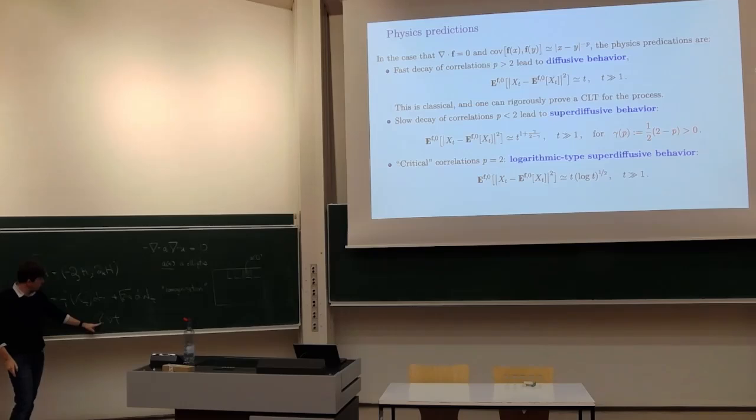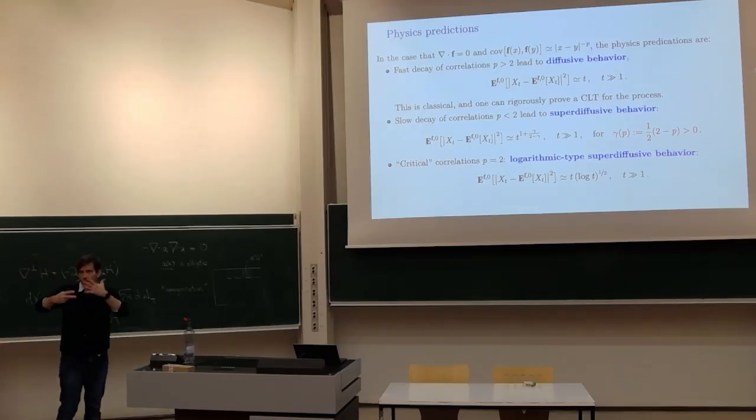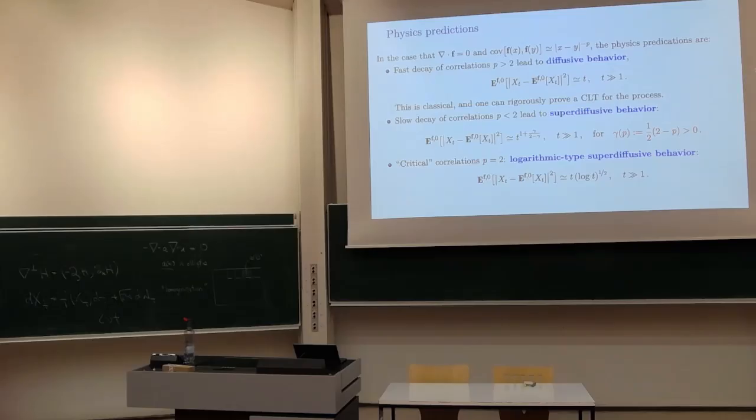It'll change this 2 nu to something bigger, because the divergence-free flow will enhance the diffusion, the same way that when you stir your coffee, the milk goes into the coffee more quickly. It'll enhance the diffusion, but it won't change the scaling of t.